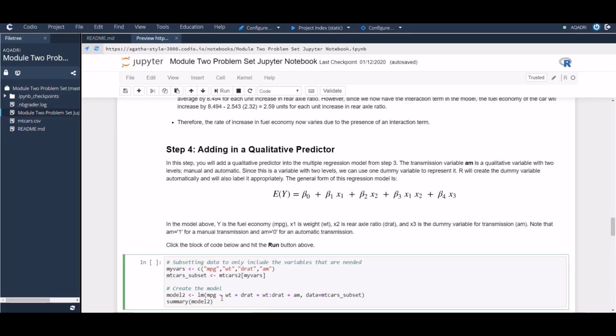So in this case, for example, take a look at this. I have miles per gallon being modeled using weight, rear axle ratio, their interaction, as well as the AM variable as a predictor. And so R knows that this is a factor and it has two levels. And so it's going to create one dummy variable for you. So let's run this step and see what we get.